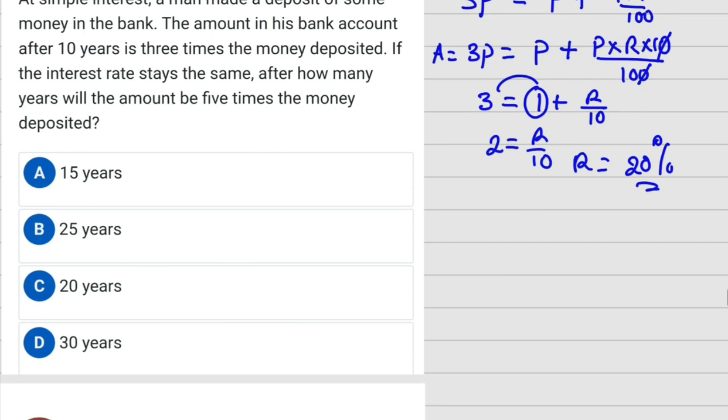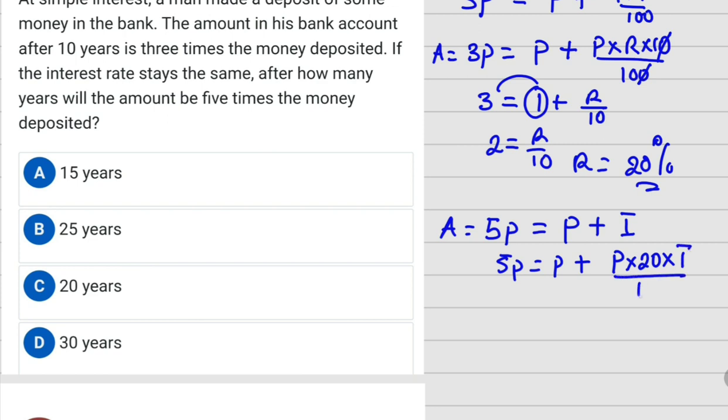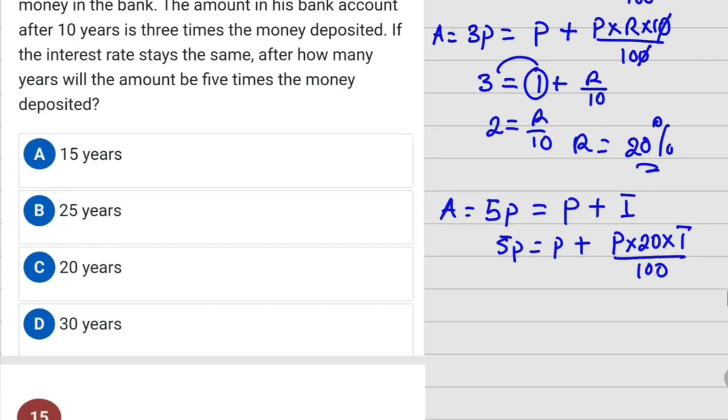So what you are going to do here, now you are talking about the amount, which is 5P. Now, this is going to be principal plus the interest, this time around too. So 5P is going to be P plus, this time around, we don't know T yet, but we know the rate, which is 20. Then times the time, that is what we are looking for, of course, over 100. So this is 1 over 5.